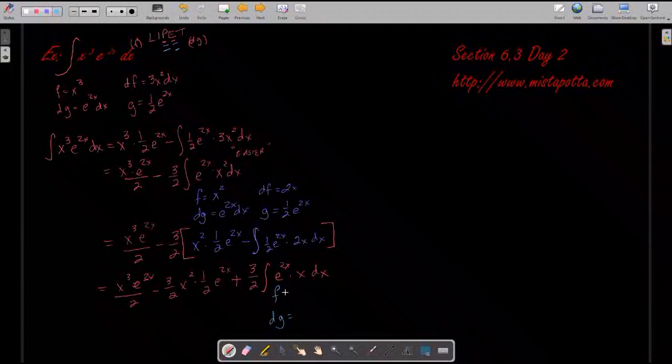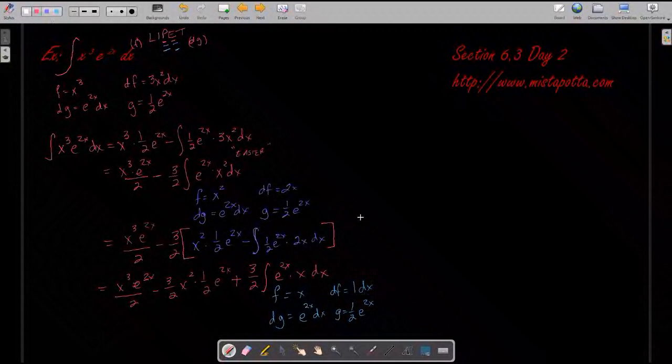So I know that f is going to be x, and dg is going to be e to the 2x dx. And so the antiderivative is still 1/2 e to the 2x, and the derivative of x, df, is just 1 dx.